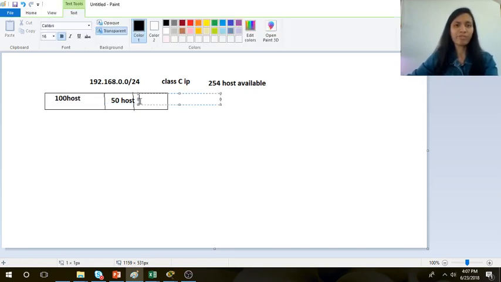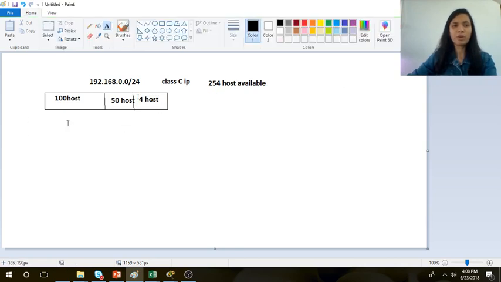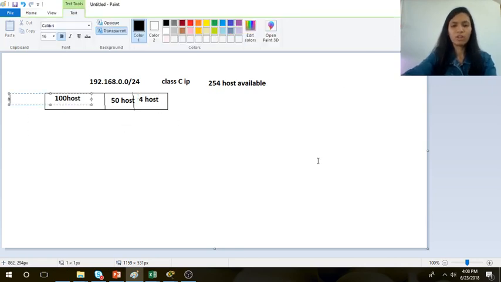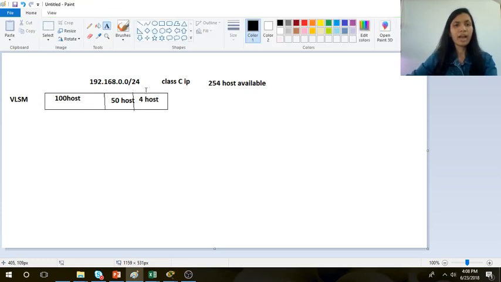And I also have a third part which requires say 4 hosts. This case is possible if we can use VLSM. So using VLSM, you can have all of these accommodated into the same class C network.